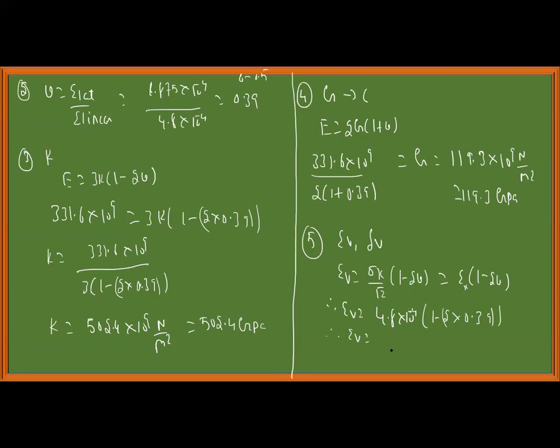Therefore, epsilon v is equal to 1.05 into 10 power minus 4. Change in volume: epsilon v is equal to delta v by v.